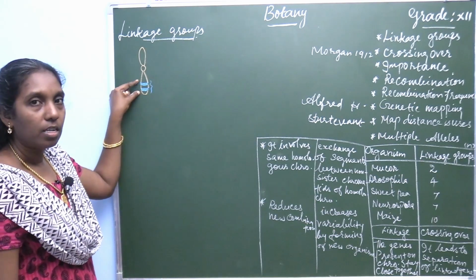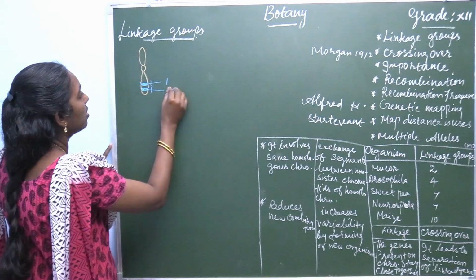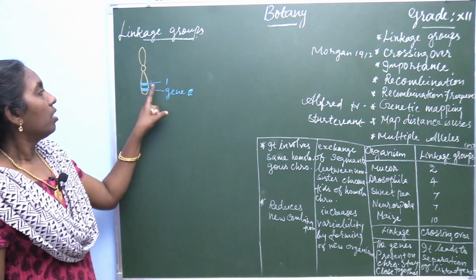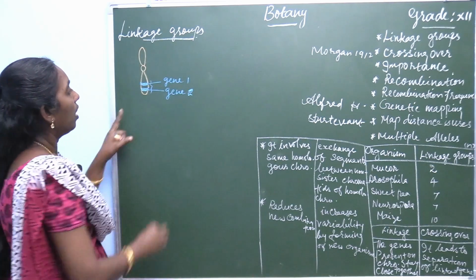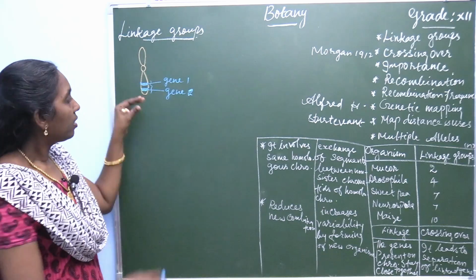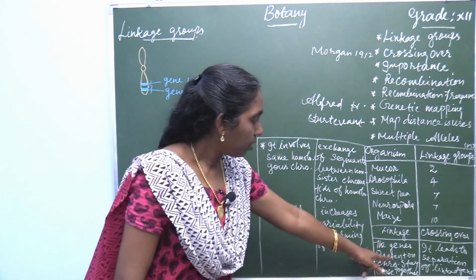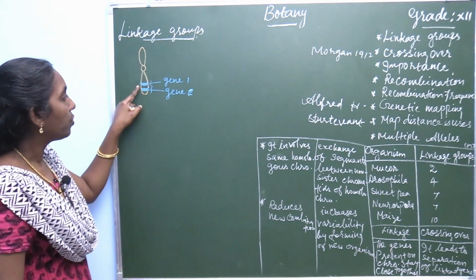In linkage, this is gene 1 and this is gene 2, and the genes present on the chromosome stay close together.